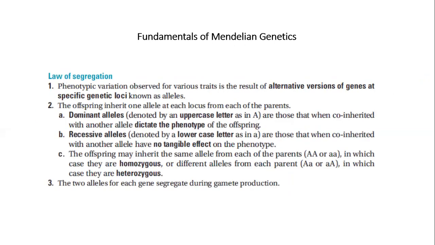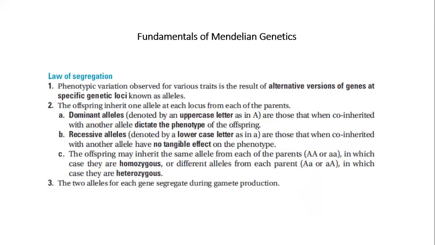Phenotypic variation observed for various traits is the result of alternative versions of genes at specific genetic loci, which are known as alleles. The offspring inherit one allele at each locus from each of the parents. You also need to know the terms dominant allele and recessive allele.